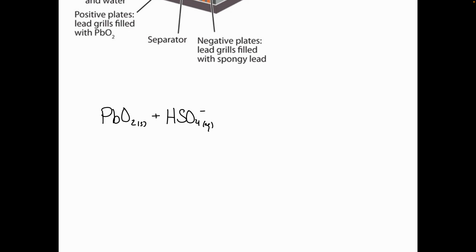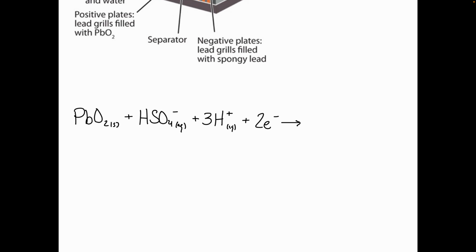All right, so that lead oxide reacts with that sulfuric acid and 3 protons, as well as 2 electrons. So it starts as lead 4 oxide and then becomes lead 2 oxide. And 2 waters.